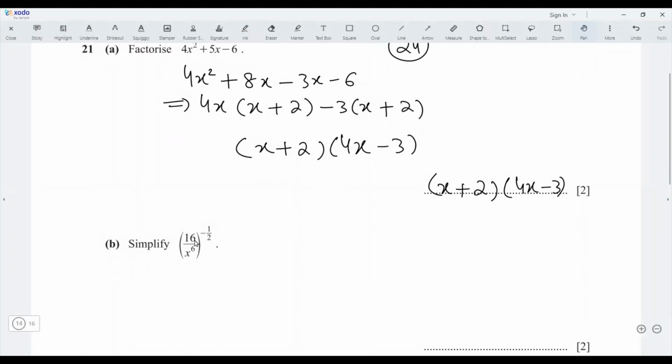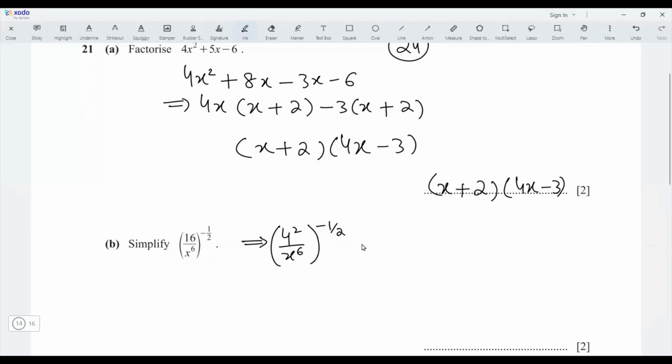So in part B, it's basically an indices question where to simplify means powers will be multiplied. First of all, recognize what 16 is. 16's prime factorization, or we can say whether it is a square of something, because the power is 1 by 2. It means that we have to just take the square root of it. So the square root of 16 is 4, that is 4 squared, divided by x raised to power 6, and whole power negative 1 over 2.